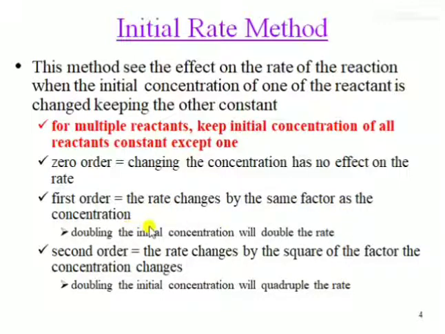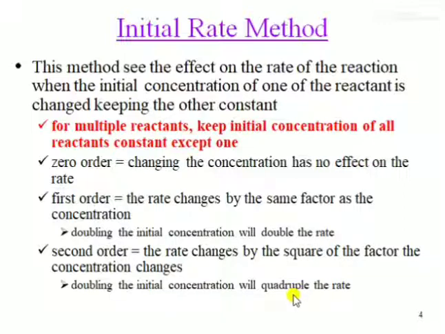For example, if you double the initial concentration of the reactant, then the reaction rate will also double. Then suppose the reaction is of second order, in this case the rate changes by the square of the factor by which the concentration changes. That is, if you double the initial concentration of the reactant, the rate will become 4 times, that is, quadruple.